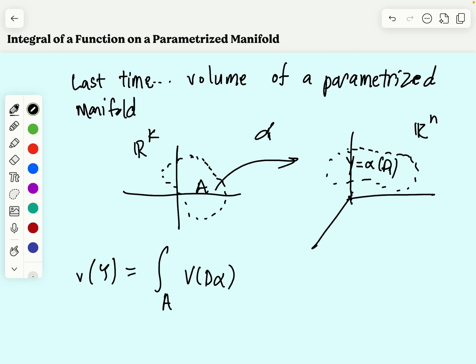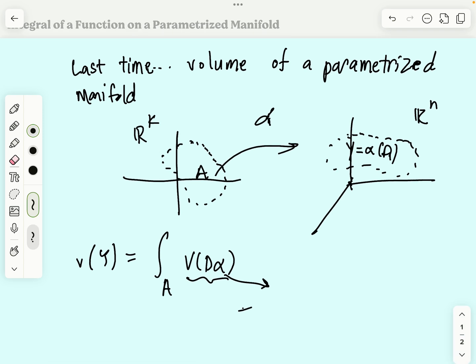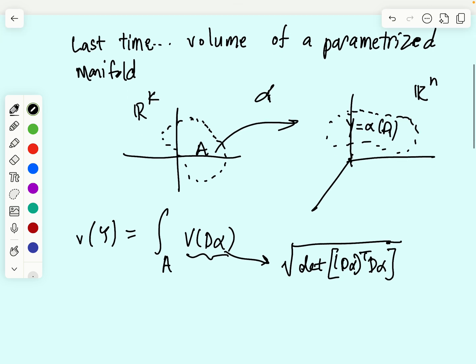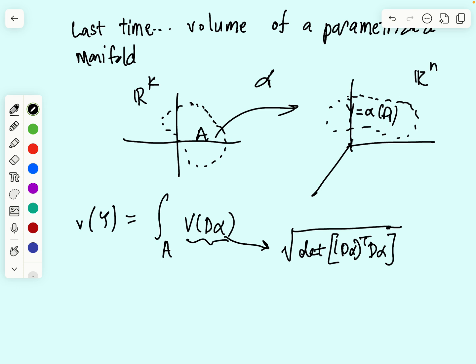And d alpha is the derivative of alpha, and V of d alpha, let's just recall, is equal to the square root of the determinant of d alpha transpose times d alpha. So this is a function on A, and we integrate that function. So let's look at an example.